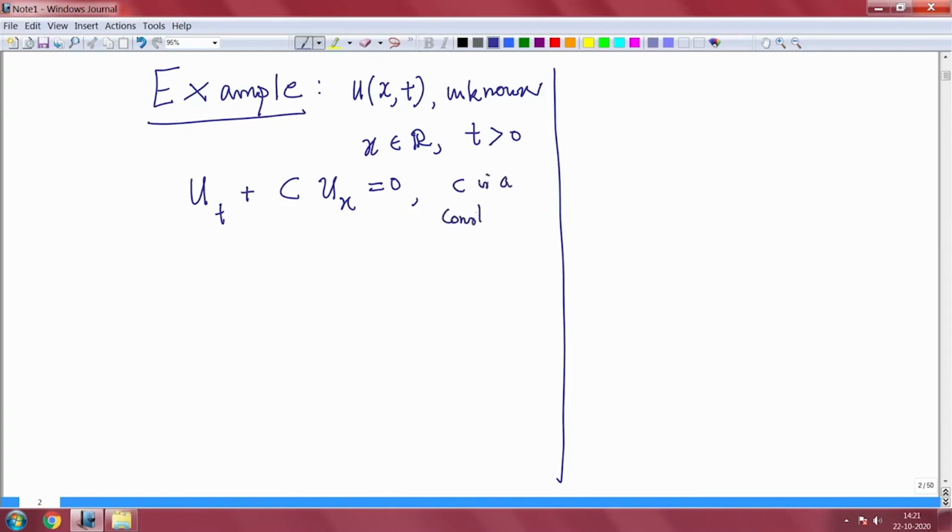This is one of the simplest PDEs, very easy, first order linear. This is a linear PDE, so life will be much simpler. First order linear with constant coefficients. You see, it is also a constant coefficient PDE.